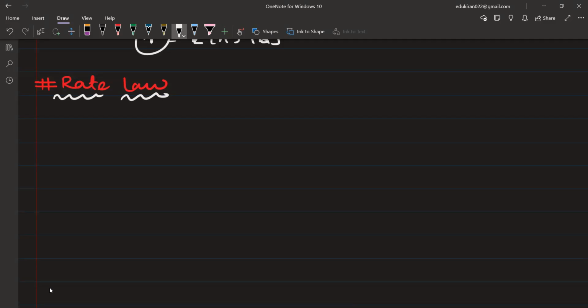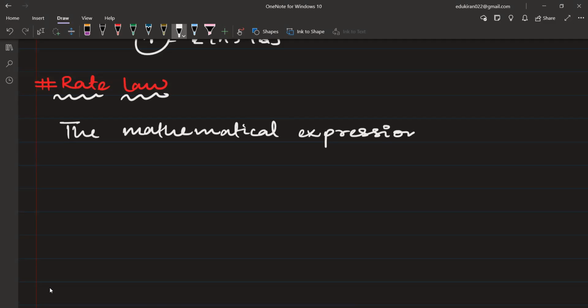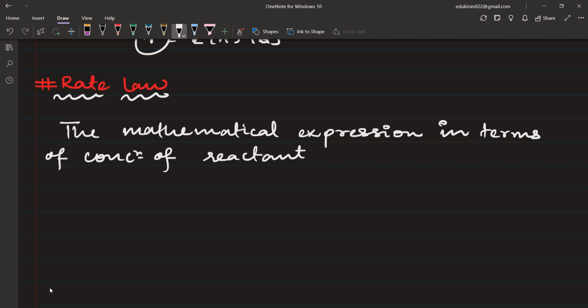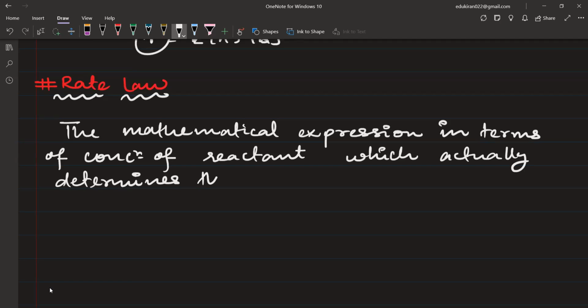So please write for this rate law: the mathematical expression in terms of concentration of reactant which actually determines the rate is called the rate law expression.